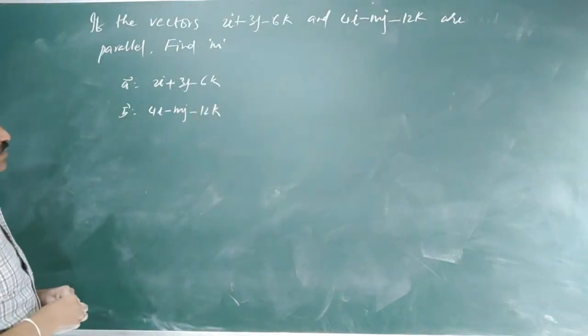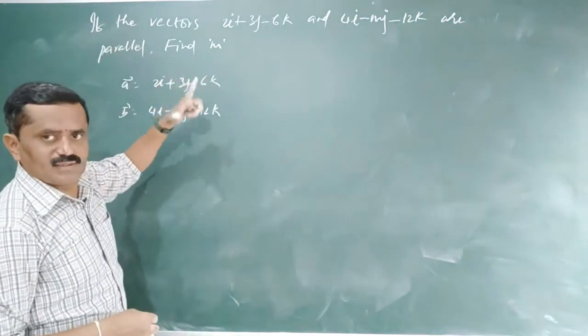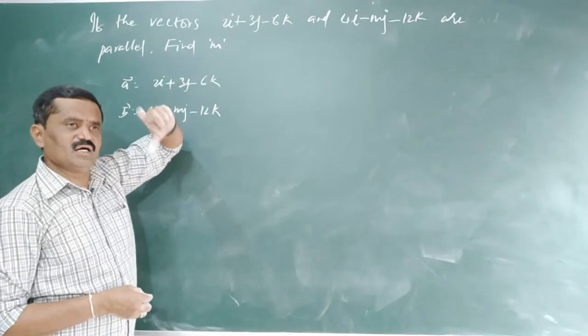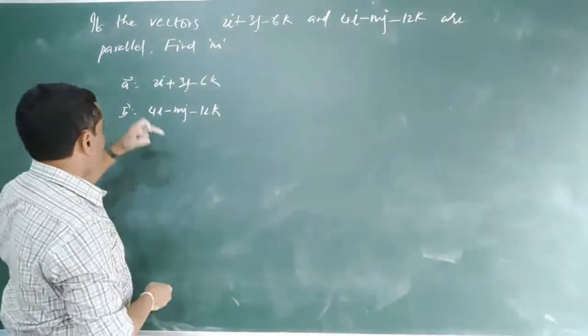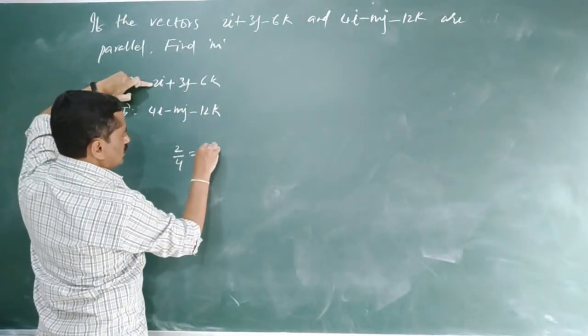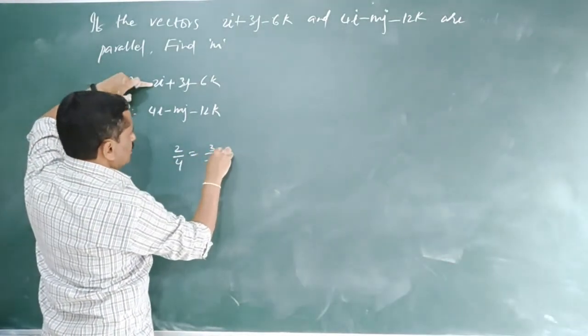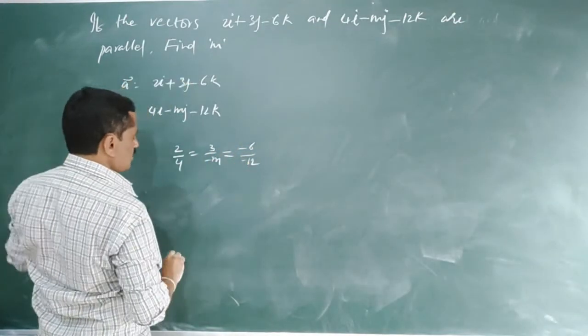So given that these two vectors are parallel, then their corresponding scalar components must be proportional to each other. Therefore 2 by 4 is equal to 3 divided by minus m is equal to minus 6 divided by minus 12.